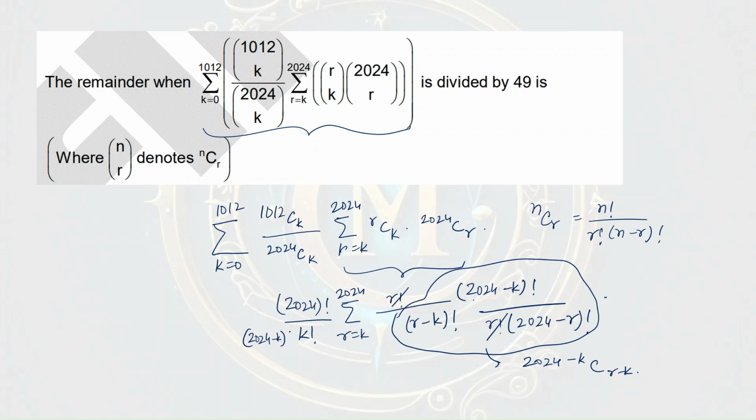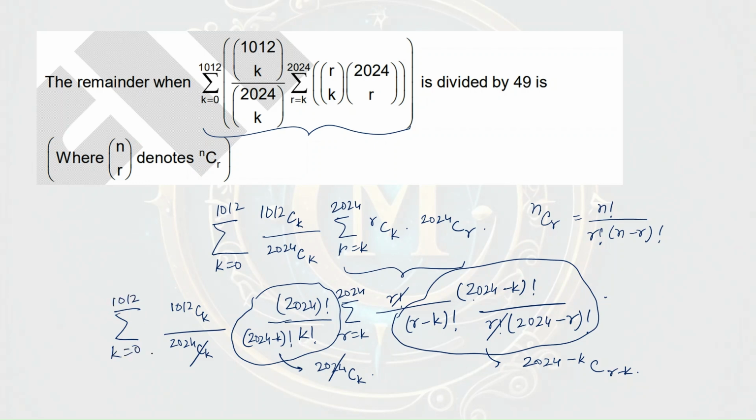That means if we take this outside, it becomes 2024 minus k factorial. Now notice that this term also becomes a binomial coefficient which is equal to 2024 Ck, and as there is a 2024 Ck in the denominator, so let us write the rest of the terms. So this and this will get cancelled by each other. So this is the sigma running from k equal to 0 to k equal to 1012.